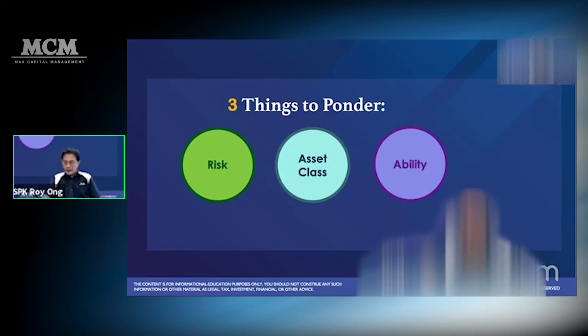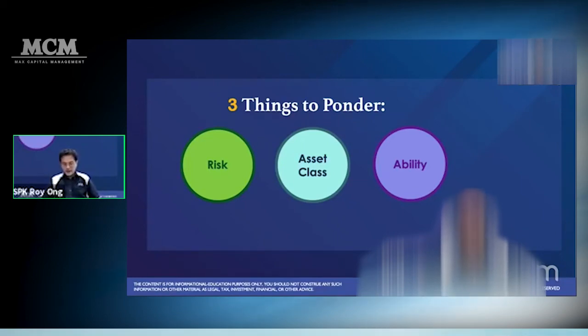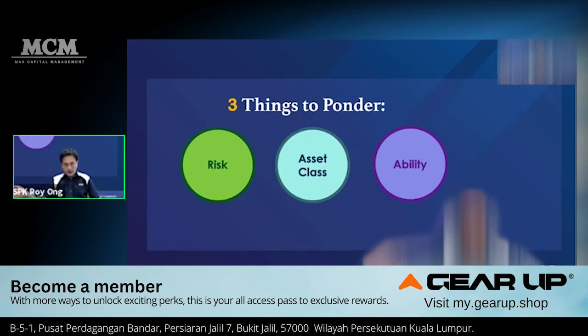First is the risk. Why Warren Buffett would go for concentration is because I think the majority of his investment is in the US. The US stock market is a very mature market, considered one of the most mature and most stable markets in the world, compared to a lot of other countries.